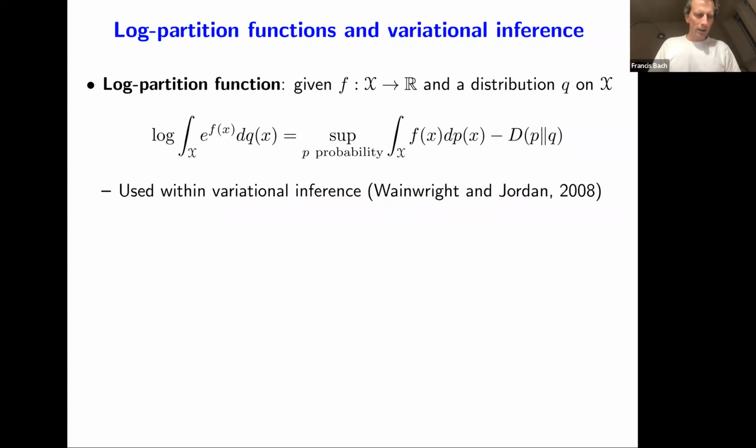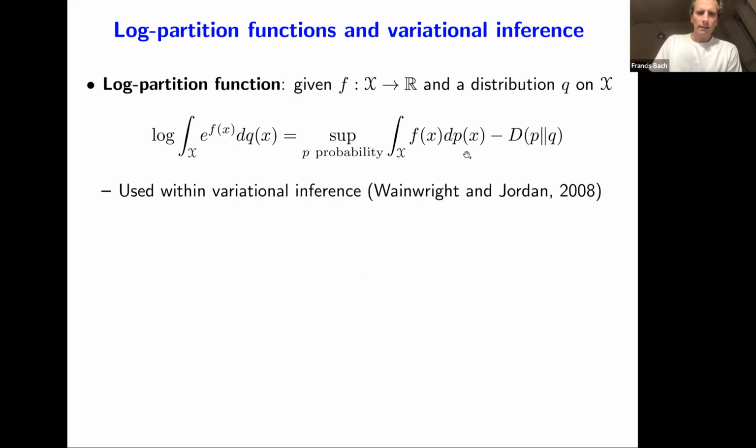All right, so other things that you can play with entropy, and people do this a lot in machine learning, is to play with log partition functions, which are simply the Fenchel-Legendre conjugate of the relative entropy.